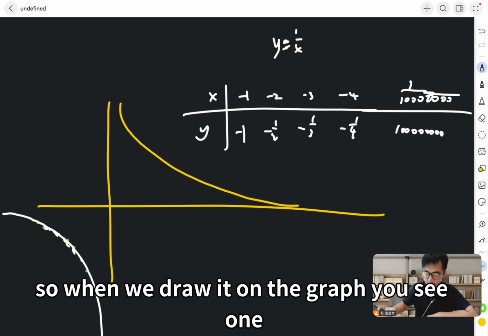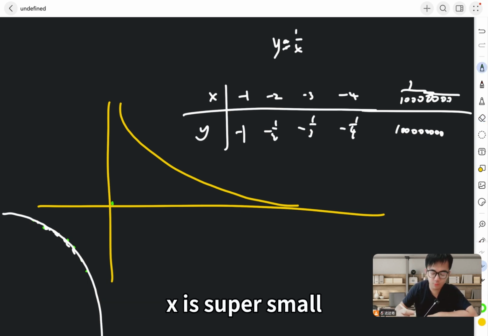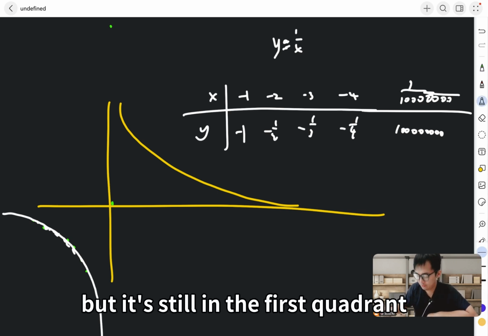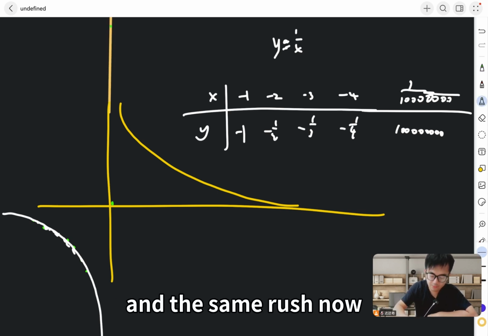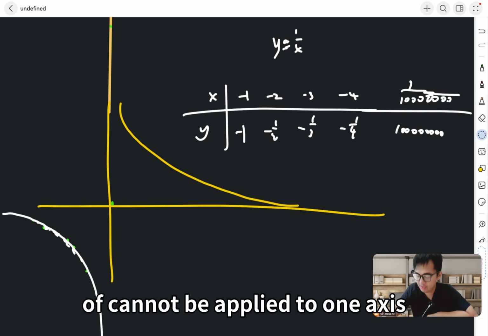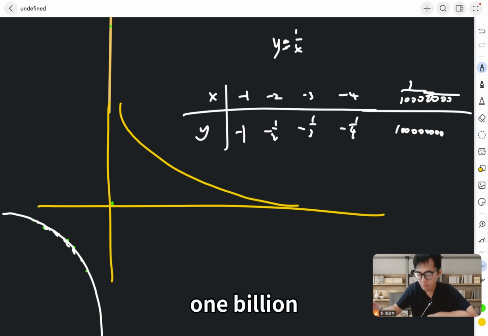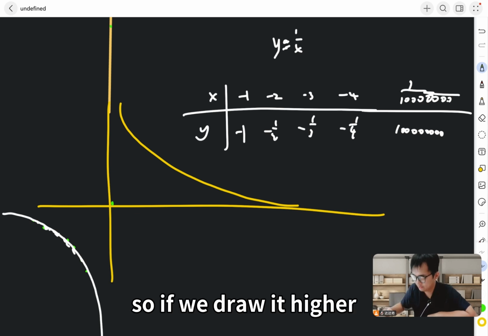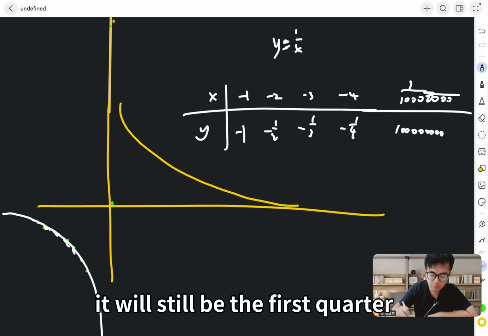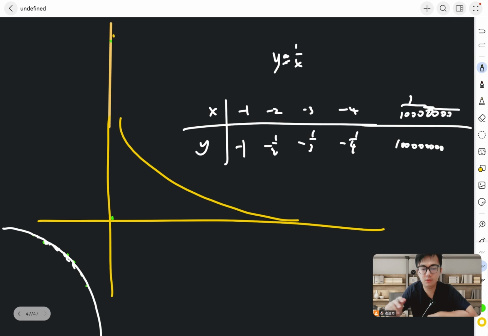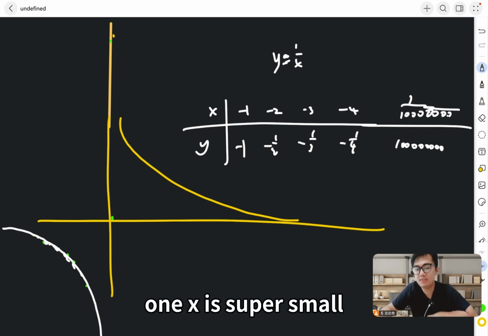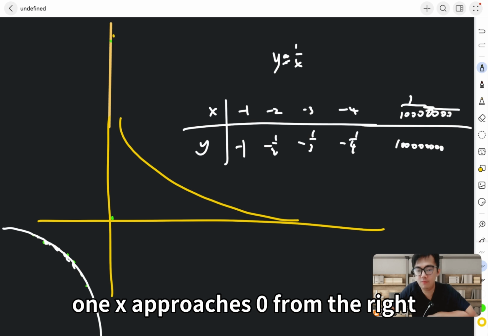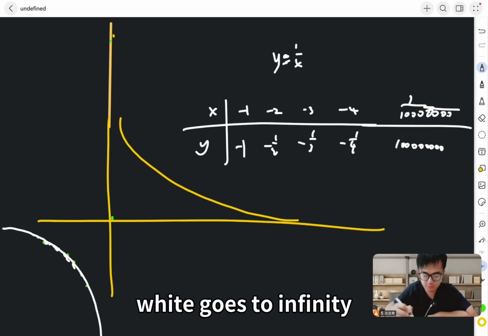When we draw it on the graph, you see when x is super small, y is super big, but it's still in the first quadrant. The same rationale applies when x is 1 over 1 billion, and so y would be 1 billion. If we draw it higher, it will still be in the first quadrant. So we can see when x approaches 0 from the right, y goes to infinity.